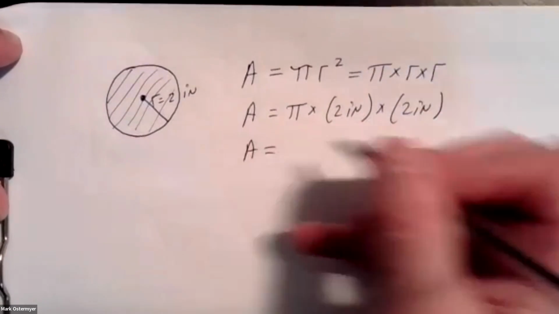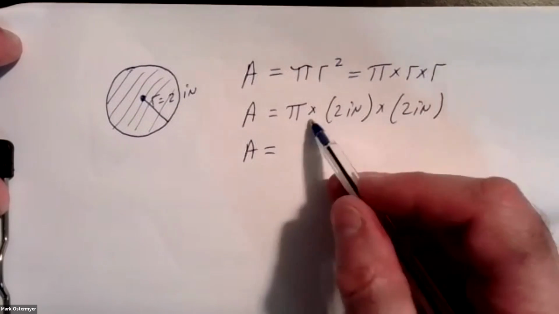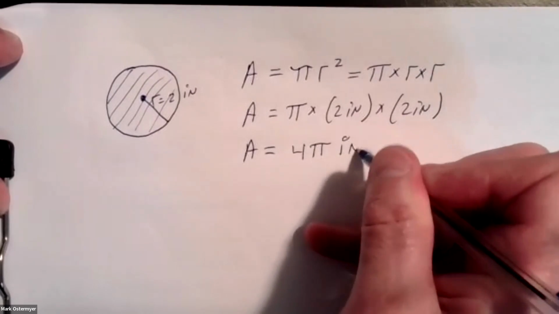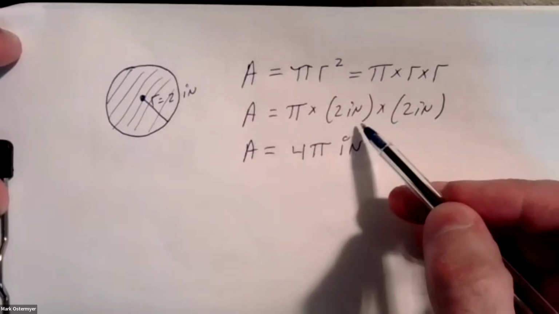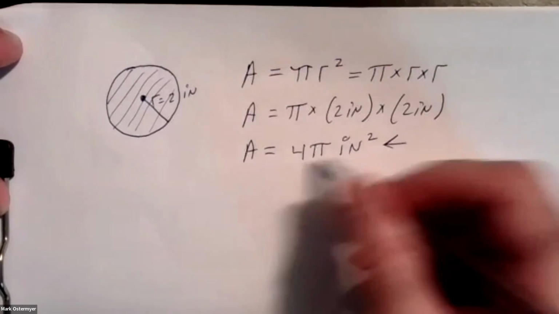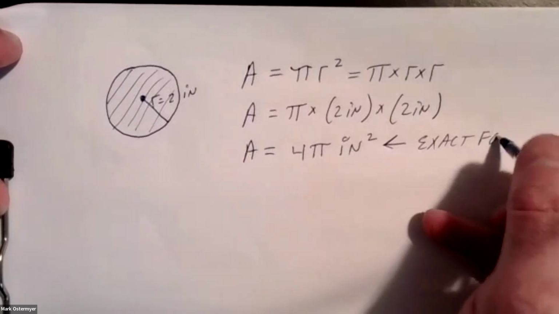So the area in exact form, 2 inches times 2 inches times pi, will be 4 pi square inches. Don't forget to put square inches. Inches times inches is square inches. If we leave our answer this way, we're leaving it in what's called exact form in terms of pi.